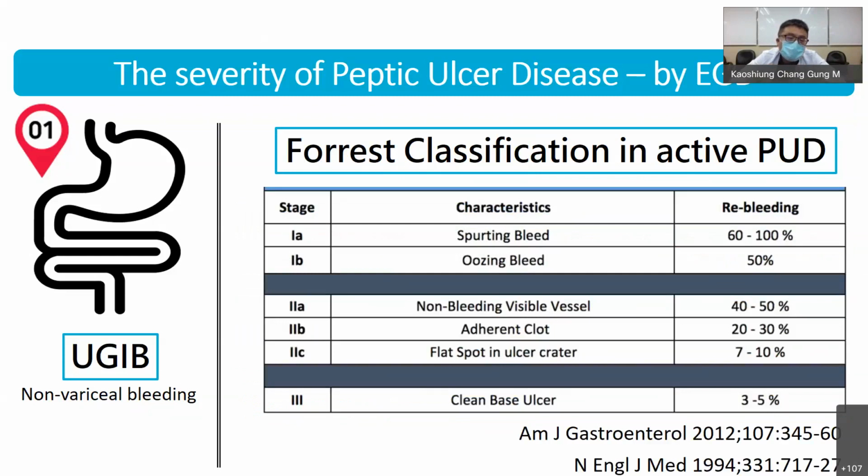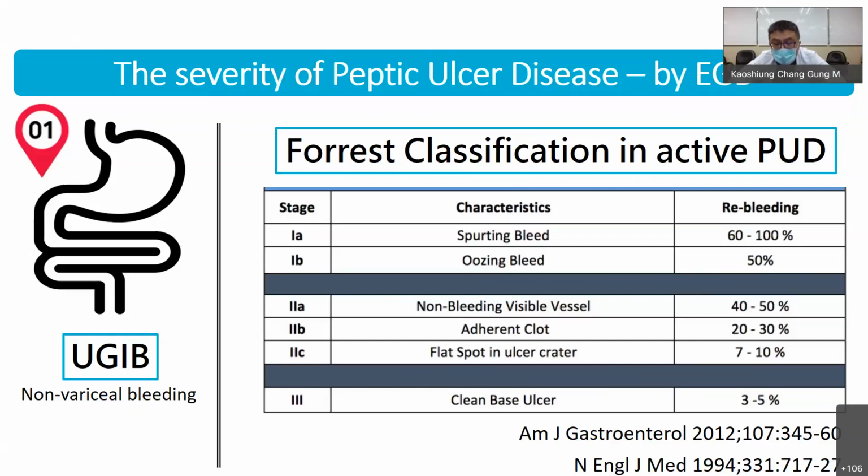Why is the Forrest classification important in the EGD report? Because as we can see in the table, different Forrest stages mean patients have different rebleeding rates and different outcomes.